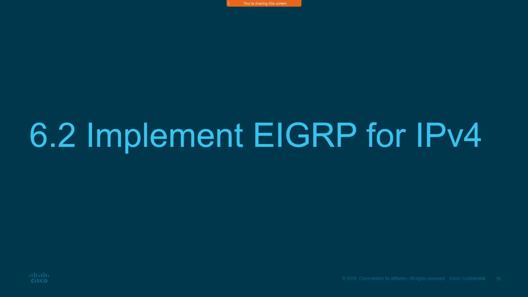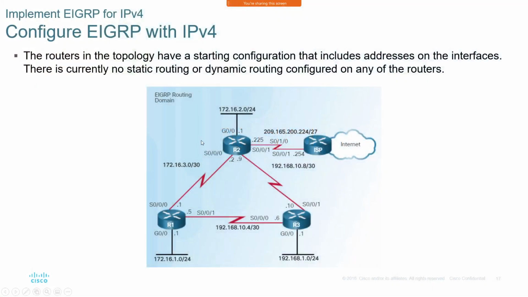Okay, now that we discussed how EIGRP works, and how routers communicate with each other and create this friendship called the neighborship, let's discuss how we finally implement EIGRP. We have an example here that we're going to be studying. The routers in the topology all have a starting configuration that includes addresses on the interfaces.